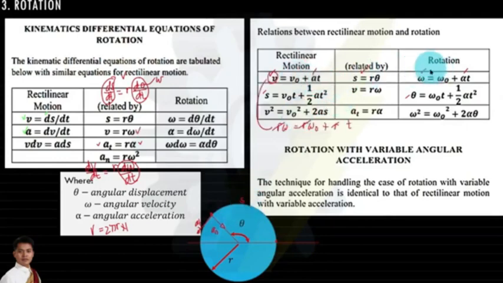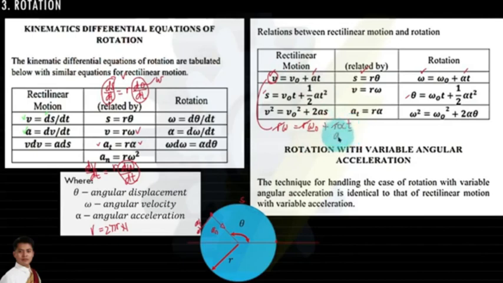Now if we want to derive the equations of rotation, we can use this equation and then use the relation between the two. Here we have velocity, so we can replace this by r omega. Then for the initial velocity, we put a subscript of 0 for the angular velocity, plus our acceleration, that is r alpha multiplied by time.